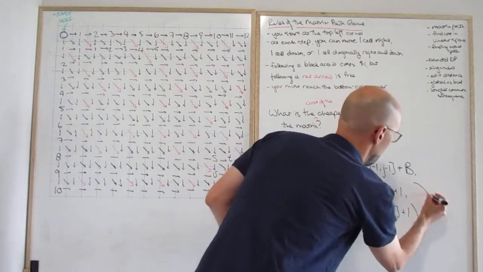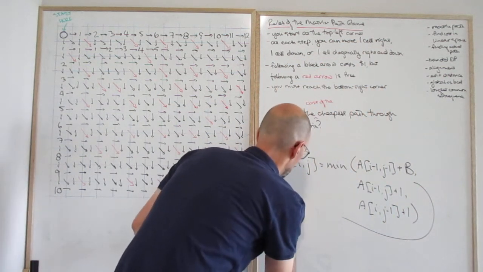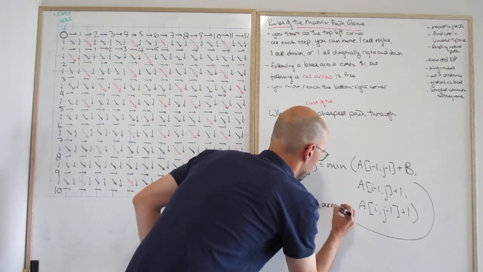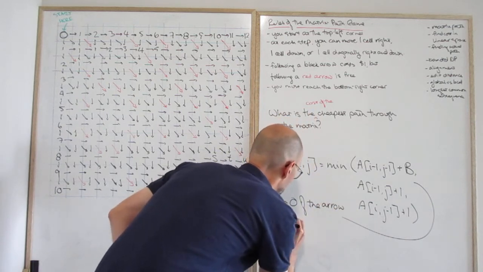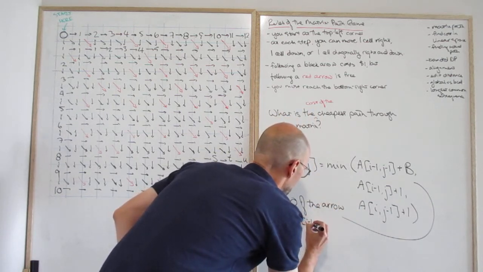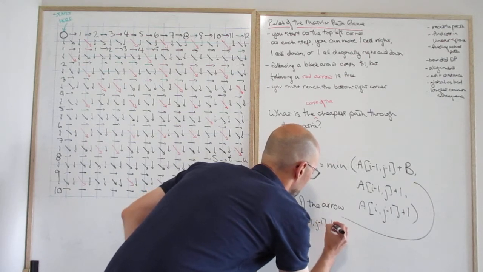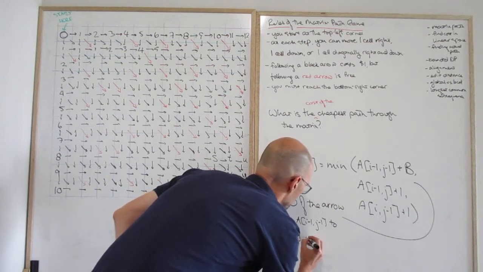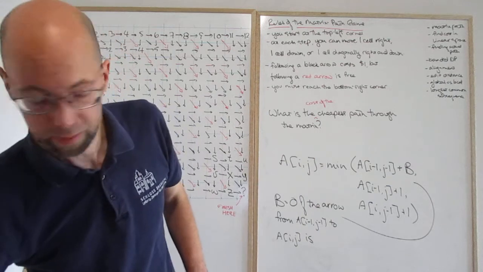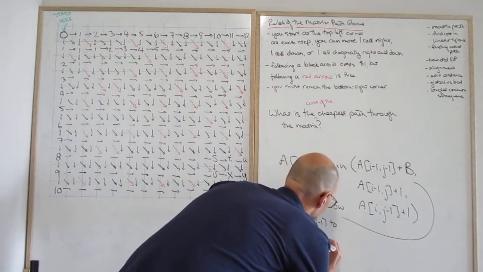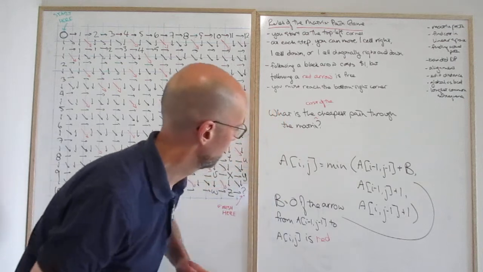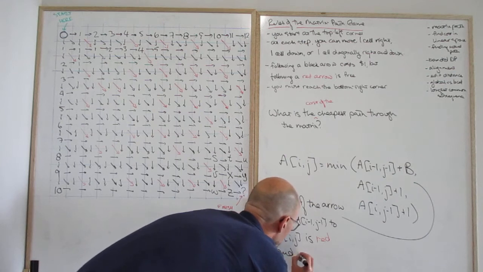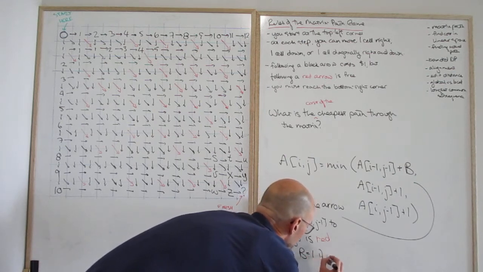Okay, so b is 0 if the arrow from A[i-1][j-1] to A[i][j] is red, and b equals 1 if it's black.